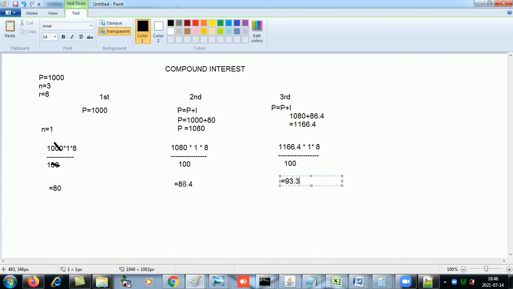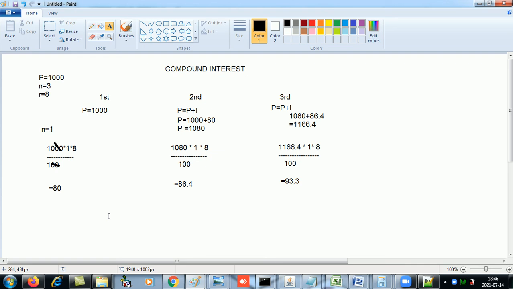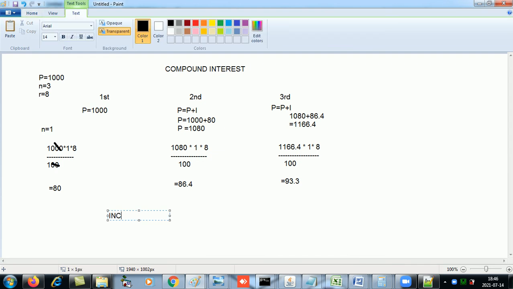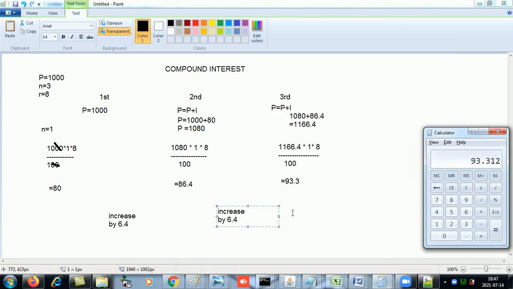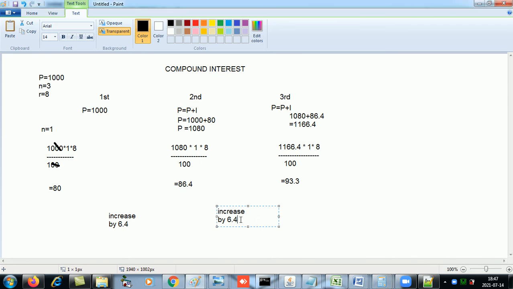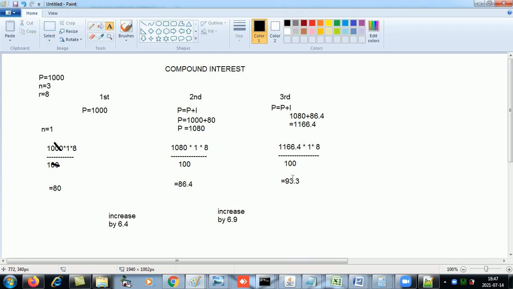Now if you see, the interest is increasing every year, right? From 80 to 86.4 the increase is 6.4 rupees. Here the increase is 93.3 minus 86.4, which is 6.9. So every year the interest will keep on increasing.